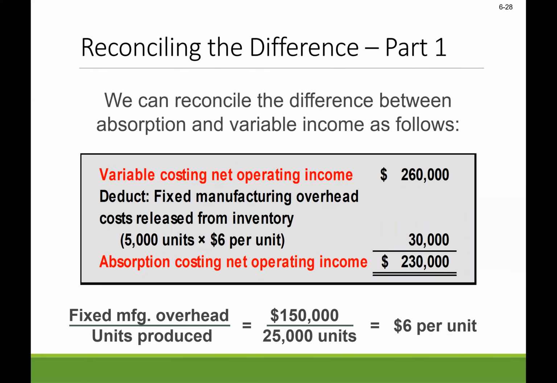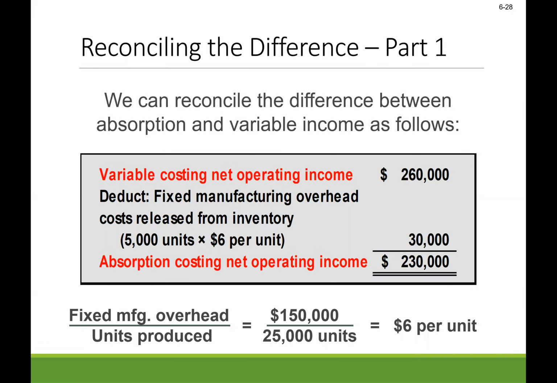How do we reconcile the differences? Again, when we take our variable costing, and in year 2, since we had that fixed manufacturing ending inventory of finished goods, those were sold.